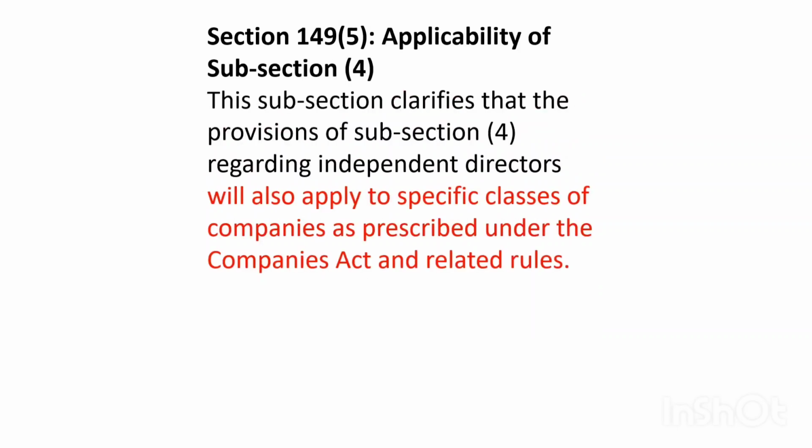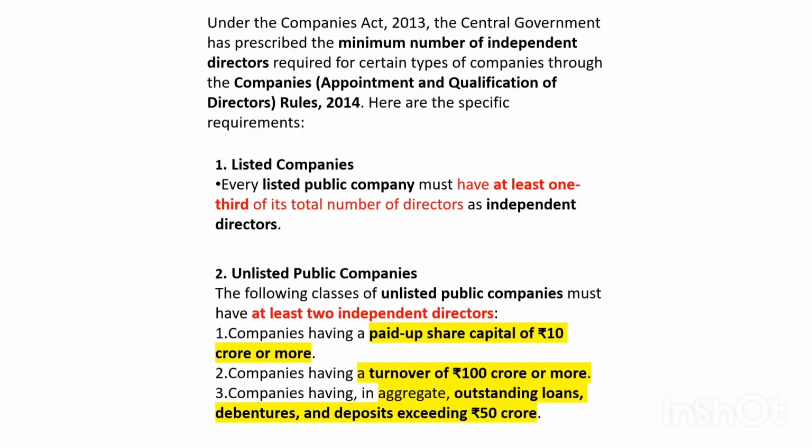In this slide, let's talk about Section 149(5) of Companies Act 2013, which states minimum number of independent directors for a company. The minimum number of independent directors for a listed company must have at least one-third of its total number of directors as independent directors.